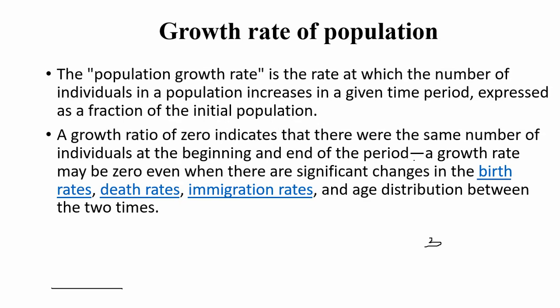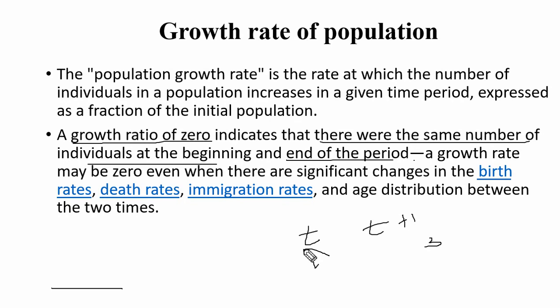One more thing to note here is that when the growth rate or the growth ratio is 0, it will indicate that there was the same number of individuals at the beginning and at the end of the time period. Suppose there is a time period t, and a time period t plus 1.